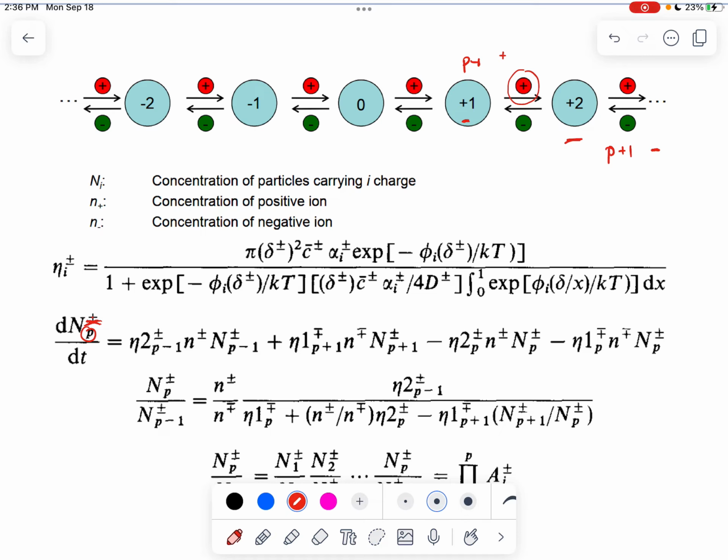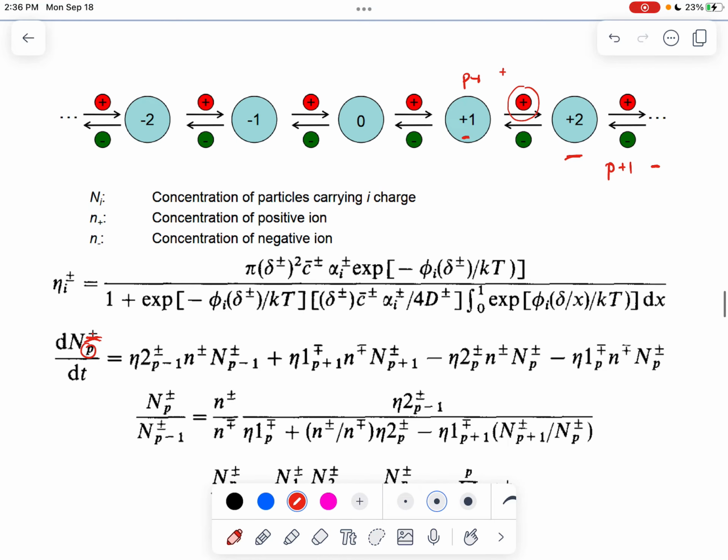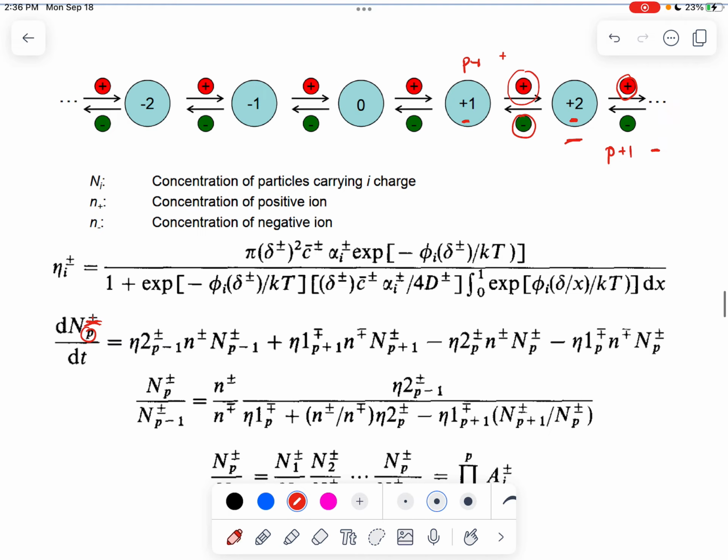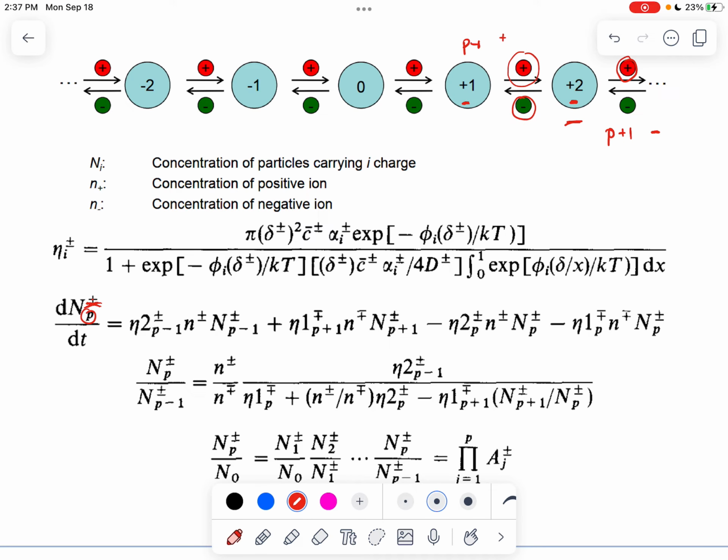And then their concentration can be lost by themselves colliding with a positive charge or themselves colliding with a negative charge, right? So if you build up these equations, you're going to see p minus 1 charge colliding with a positive charge, and as we introduced earlier, we'll just ignore this lower sign here, because if you use a different polarity, it's going to be the same, right?